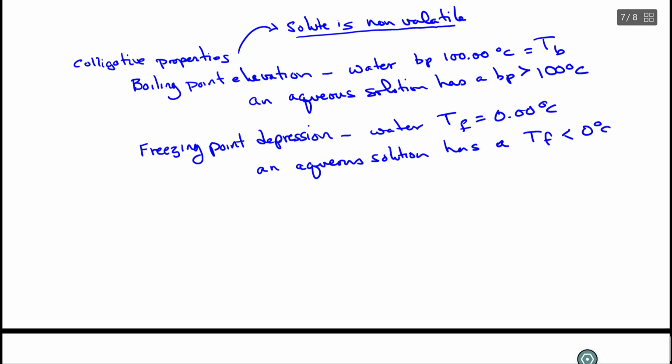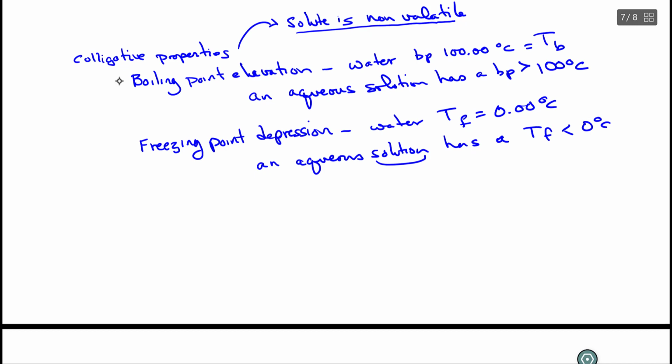Remember, when I say solution, it's not just water anymore, but the solute particles that are in the solution prevent the ice from forming. And so in order to get the ice to form, you have to drop the temperature lower than 0 degrees Celsius. So these are two of the colligative properties in which we can do calculations.